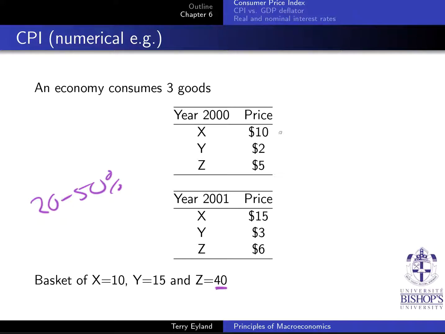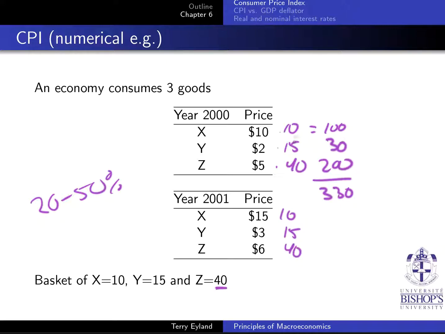So 10 times 10, 2 times 15, and 5 times 40. So here we have 100, 30, and 200. So our basket initially costs $330. And then here we have the same numbers.